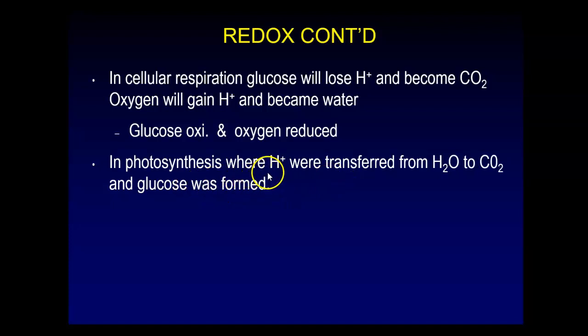In photosynthesis, the hydrogen ions are going to be transferred from water. So water will be oxidized because we're going to lose these hydrogen ions and electrons. The carbon dioxide is going to pick up the hydrogen ions and become glucose. So basically these two reactions are kind of the opposite of each other, but there are some differences that we'll talk about later.